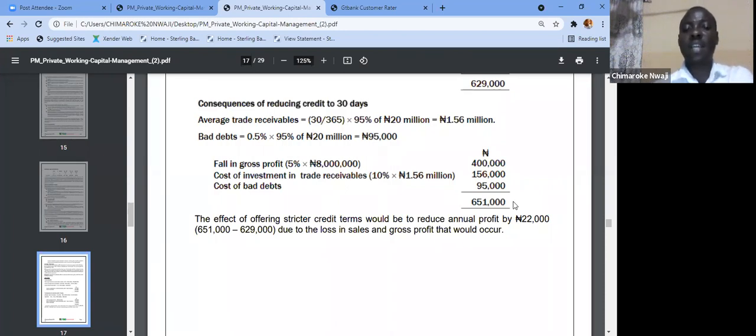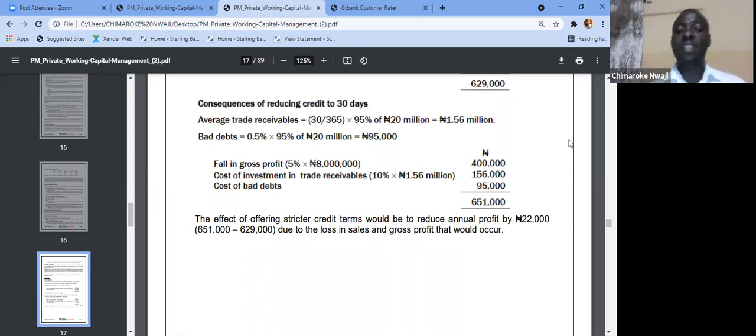So you see here that the effect of offering stricter credit terms will be an annual reduction in net profit by 22,000. It means that if your cost went up from 629 to 651, it means your cost increased by 22,000.